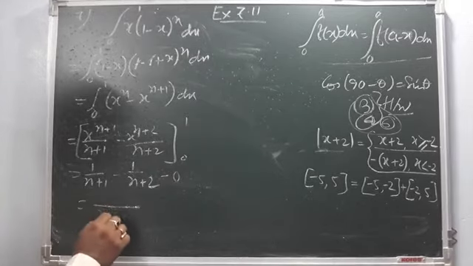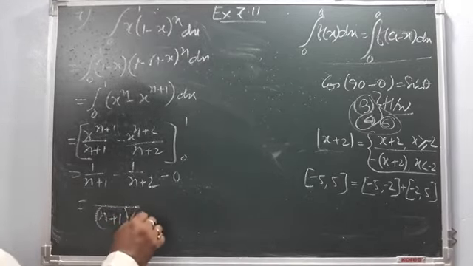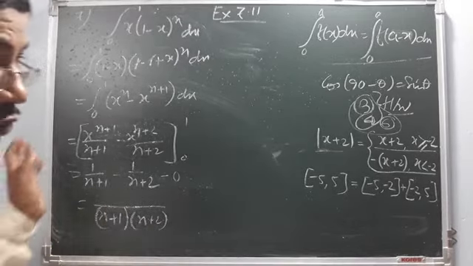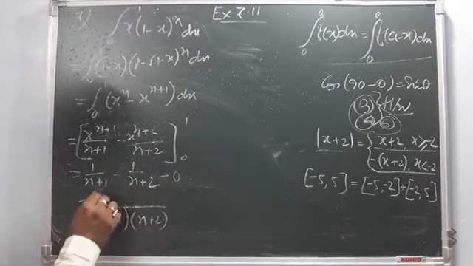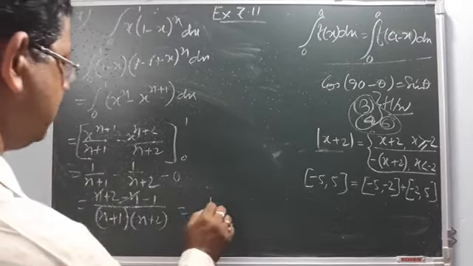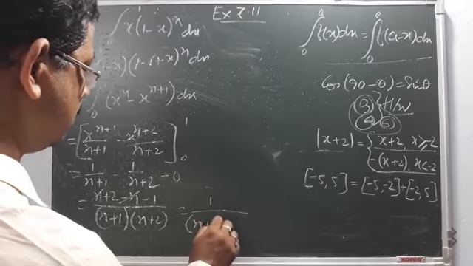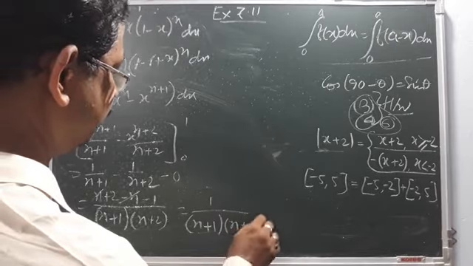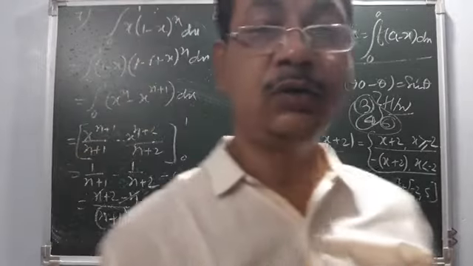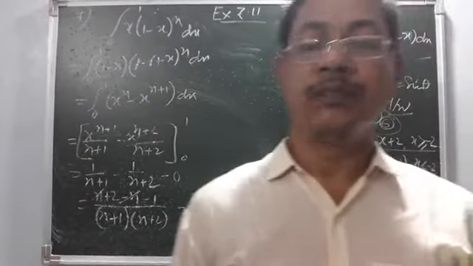Then if we take the LCM, n plus 1 into n plus 2, in the numerator n plus 2 minus n plus 1, and ultimately we get 1 divided by n plus 1 into n plus 2. So this is the answer of question number 7. That way we can do this sum.